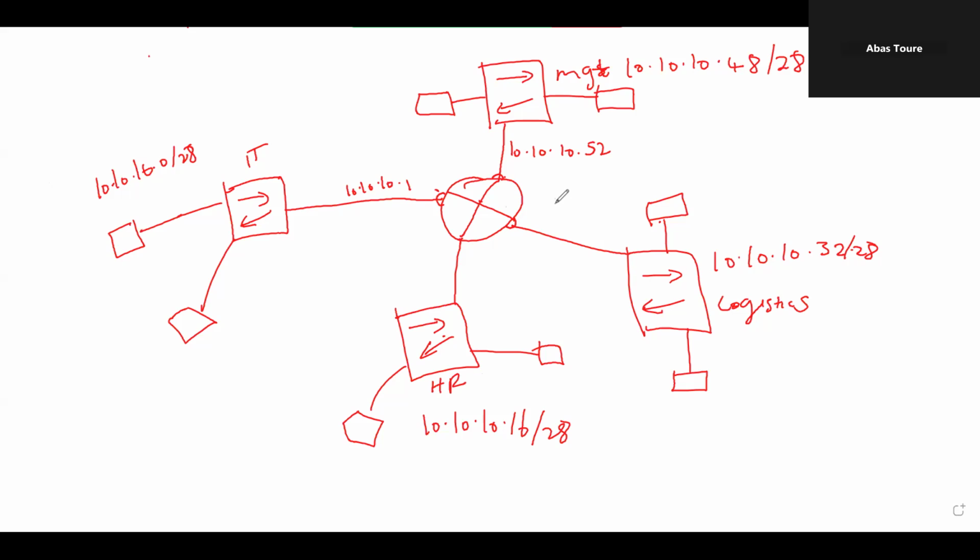Logistics is going to be 10.10.10.34. Thank you. Solomon, give me an IP for HR. 10.10.10.20. Thank you.